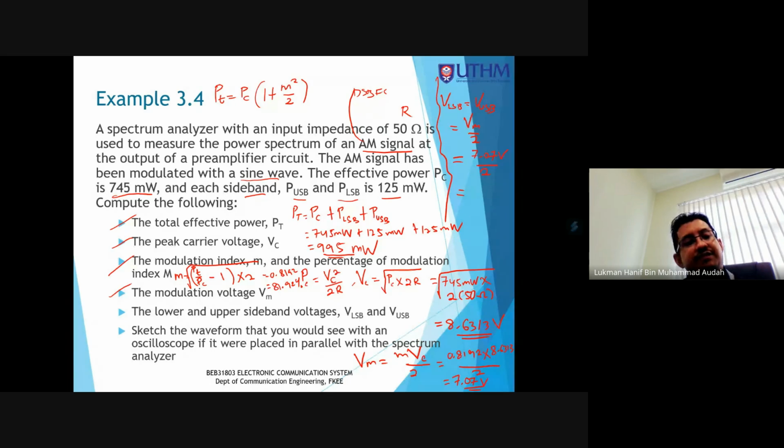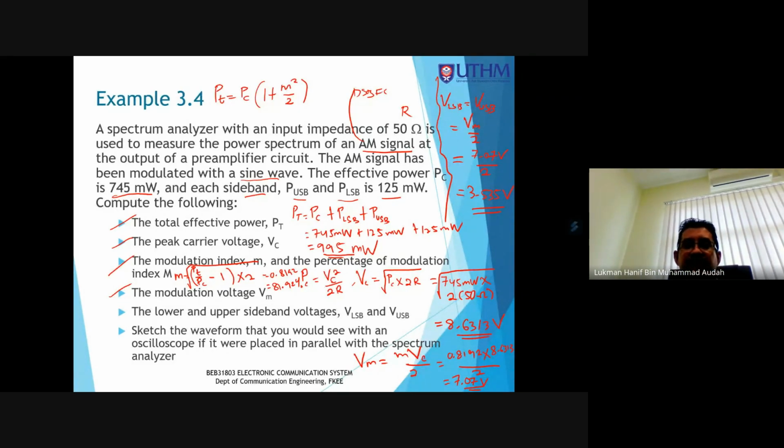Okay, so therefore, if you write 7.07 divided by 2, you're going to get 3.535 volt. Am I correct?